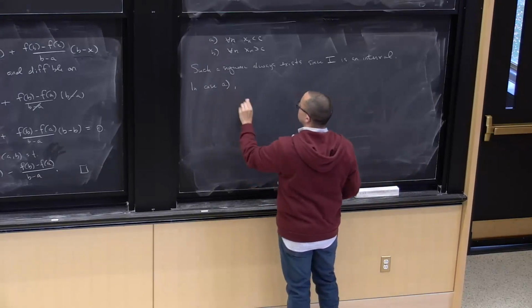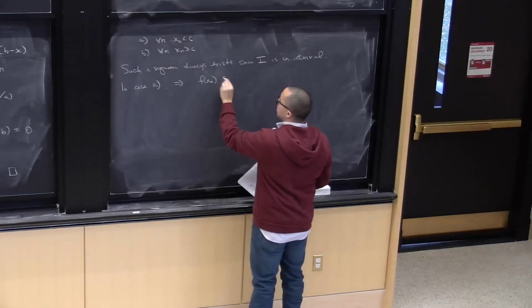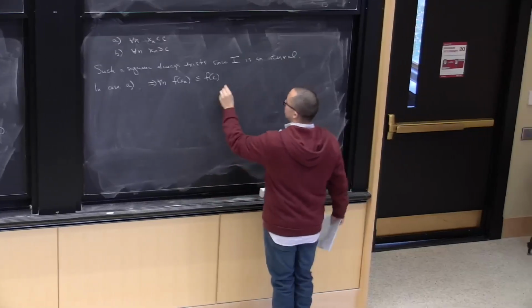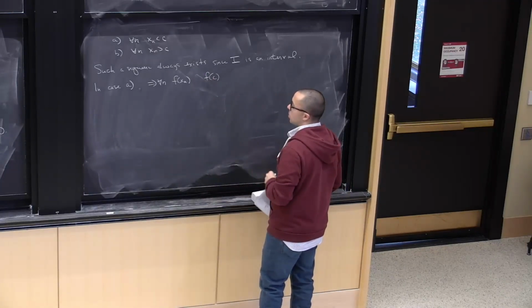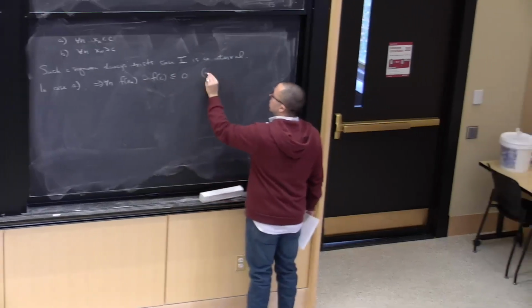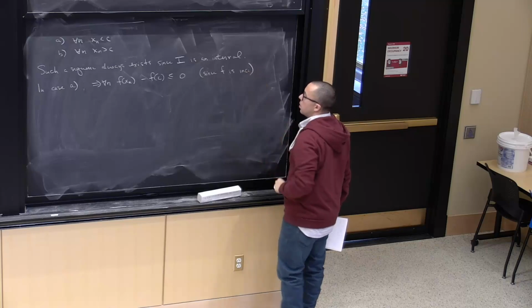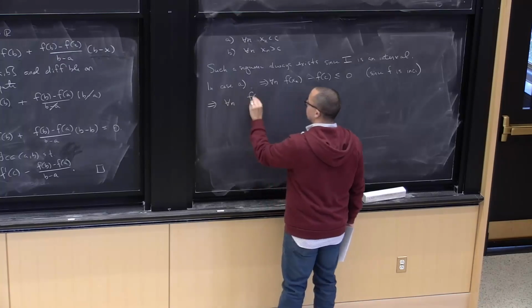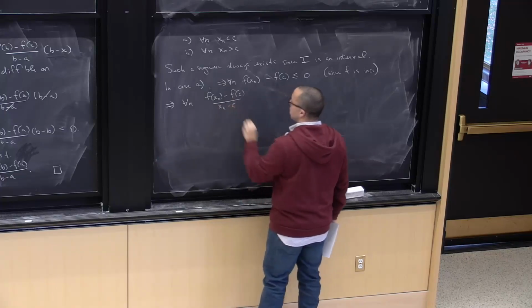Since f is increasing, we get that f of xn is less than or equal to f of c for all n, which implies for all n, f of xn minus f of c over xn minus c.